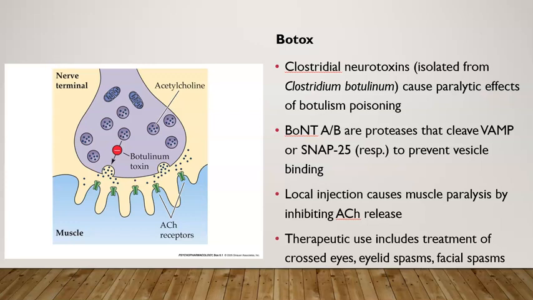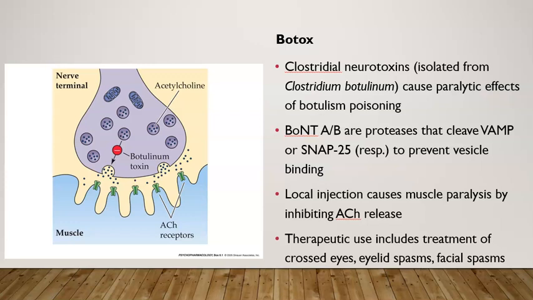Now, a common drug that you have probably heard of that works at this site would be Botox. Botox is a neurotoxin isolated from the bacteria Clostridium botulinum. Clostridial neurotoxins are the group of neurotoxins from this bacteria that cause the paralytic effects of botulism poisoning.